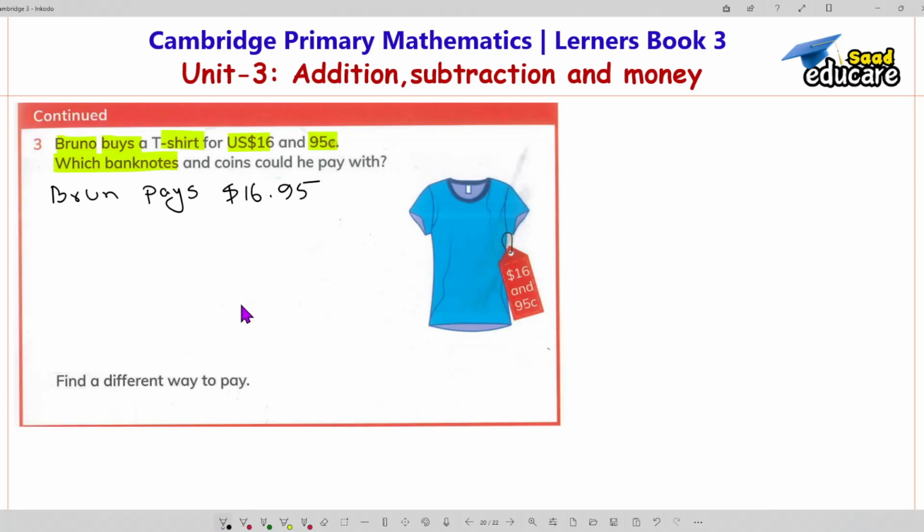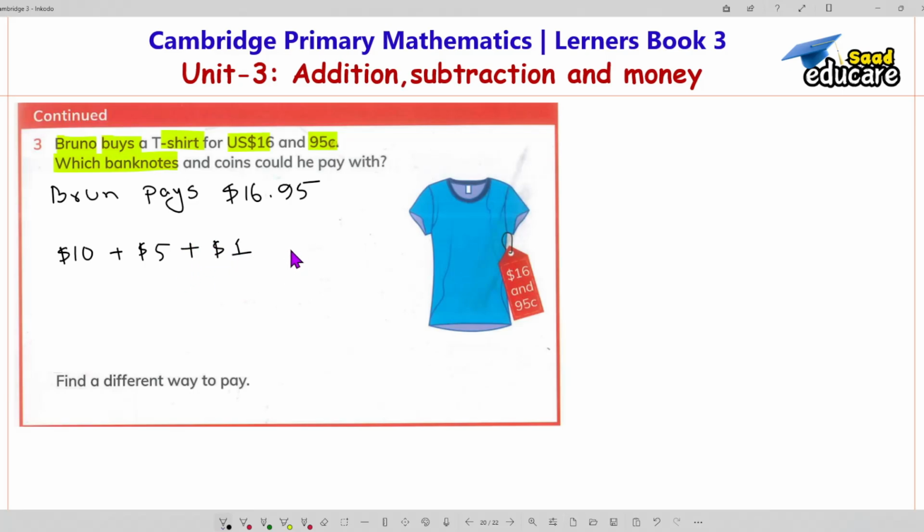So he can pay like $10, then $5, it becomes 15, plus $1, it becomes 16.